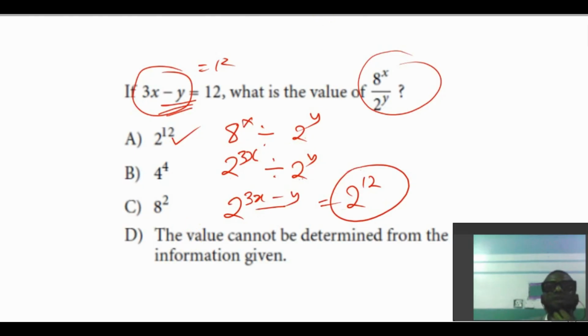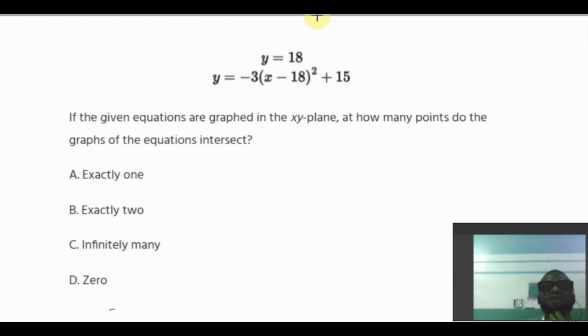Now the next SAT math question, a problem from last year. We have y = 18 and y = minus 3(x minus 18) squared plus 12. Given that the equations are graphed in the xy plane, at how many points do the graphs of the equations intersect?